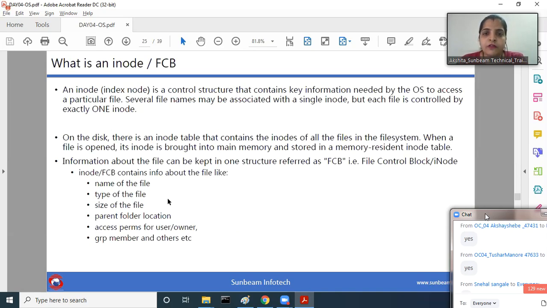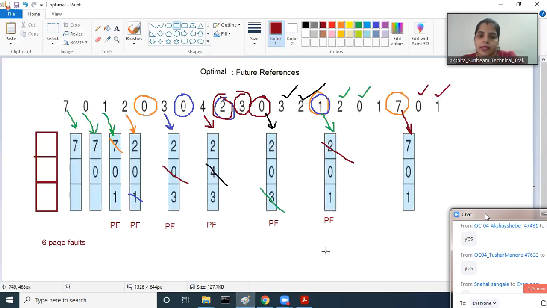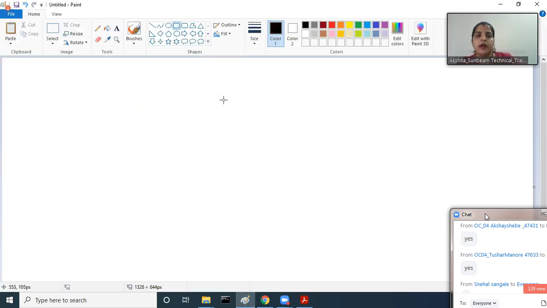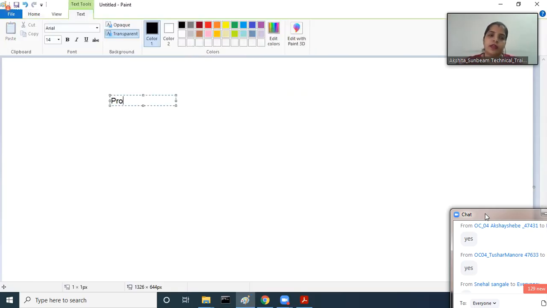Now, whenever you talk about a process, do you remember what we did? Every process, whenever it is created, one block is generated, and that block is called the PCB. Very good. PCB stands for process control block. Does everyone remember? I had told you, right?